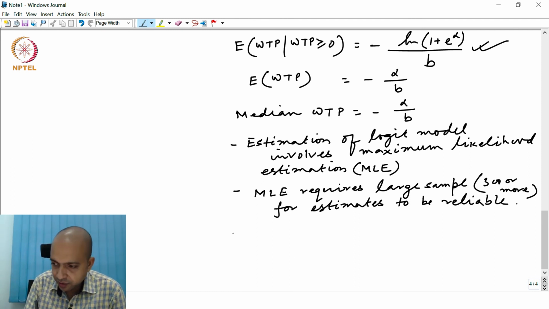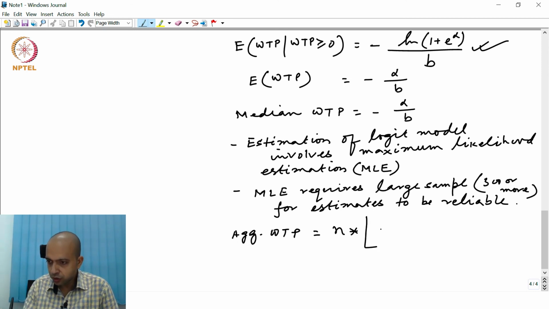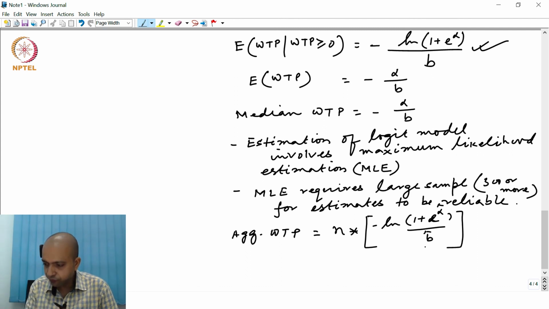And then for aggregate WTP, you have to multiply that with the total number of observations, n, which is the total number of stakeholders.